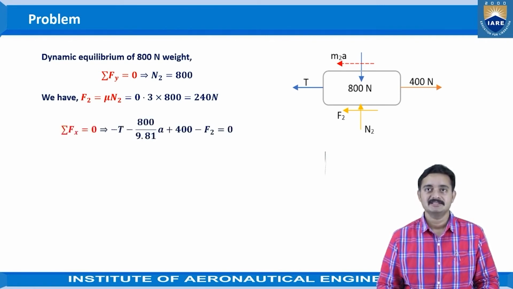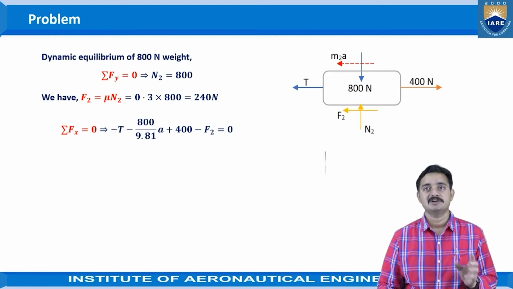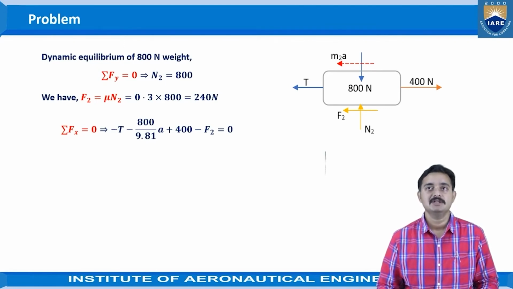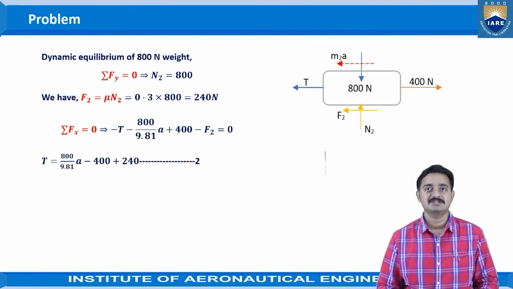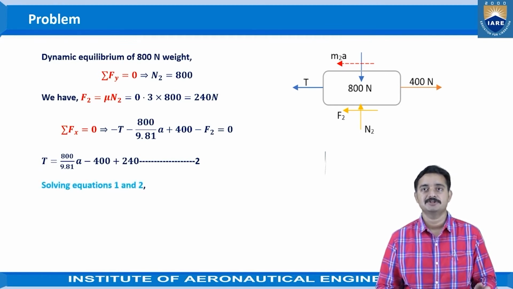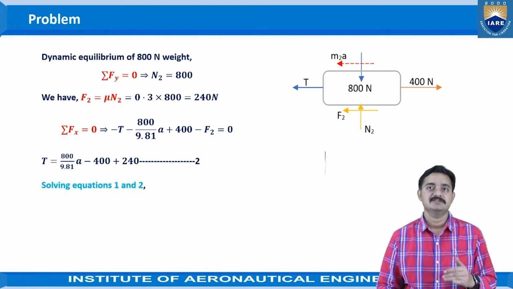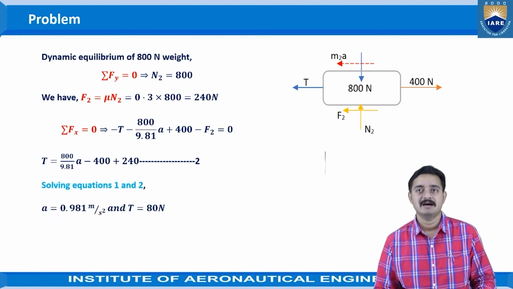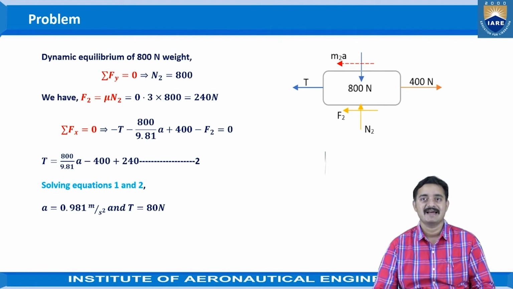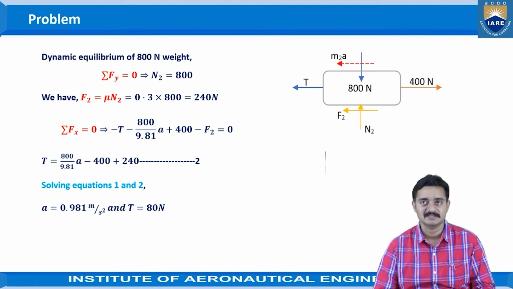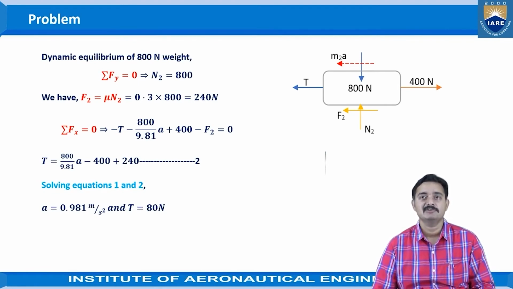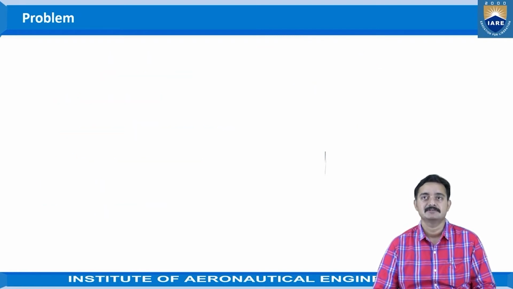When we apply sigma Fx equal to 0, all the horizontal component forces equal to 0, we will be getting the equation T equal to 800 by 9.81 A minus 400 plus 240. Take it as equation 2. Solving both equations, equation 1 and 2, we will be obtaining the value of acceleration as 0.981 meters per second square and the value of tension as 80 newtons.